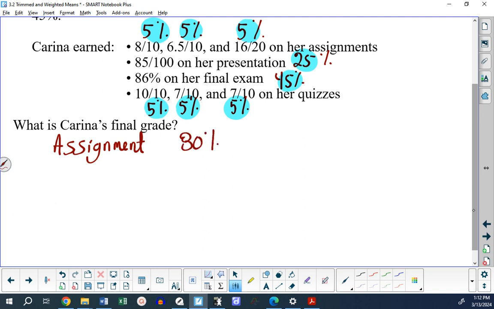Can you figure out what 6.5 out of 10 is as a percent? 65. A lot of these numbers we don't really need a calculator. 16 out of 20. I believe it's 80.